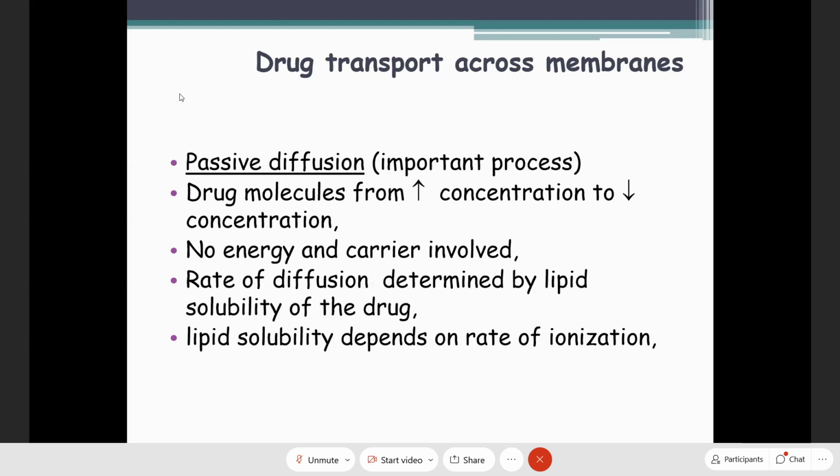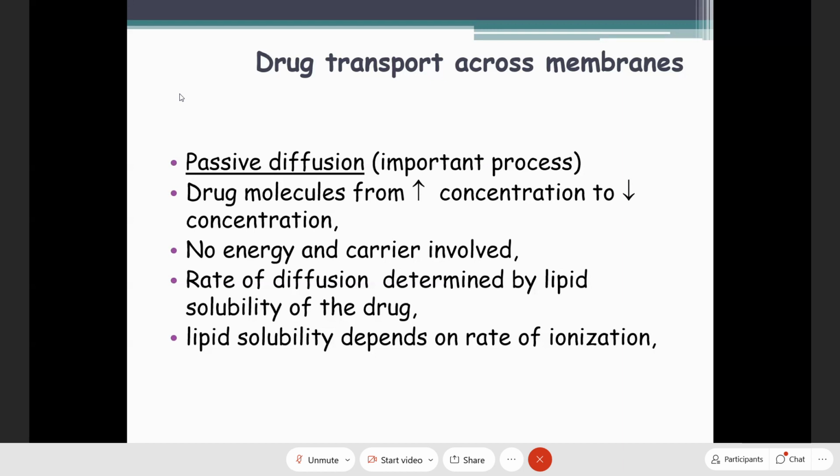Here, it's the movement of the drug molecules from high concentration to low concentration. So no energy or carrier molecule is involved. So the rate of diffusion is determined by the lipid solubility of the drug.